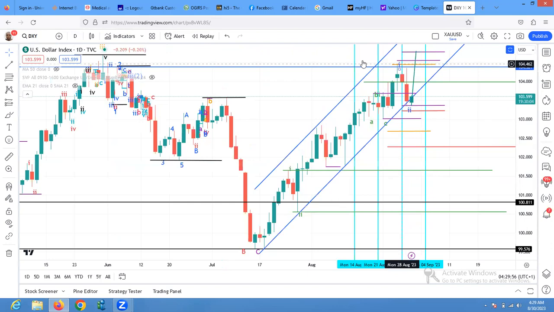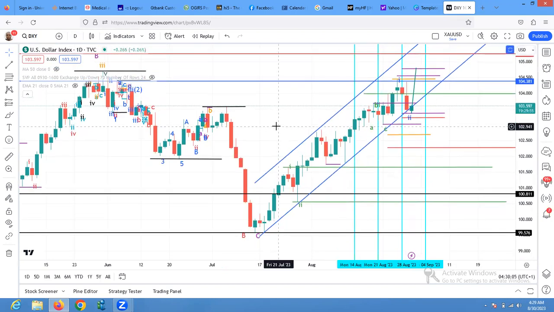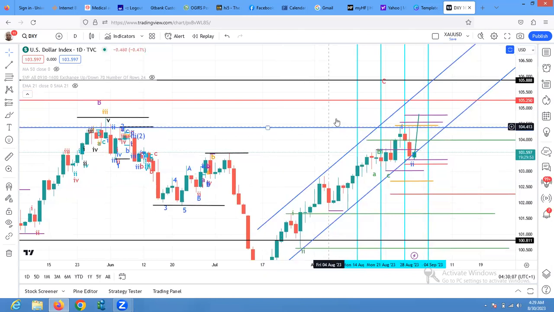So if you're getting here, of course, we may have broken this top by doing that, but see where we are likely going to still be heading, very close to this area. But I don't believe that we are done with the structure already. I don't believe that.